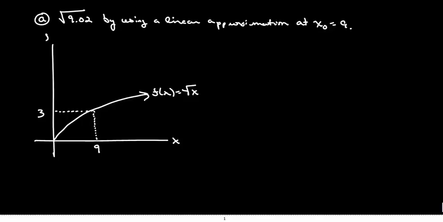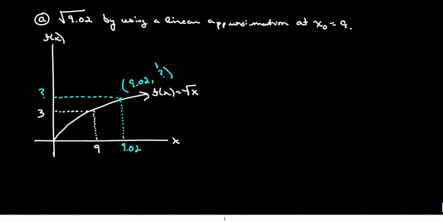Okay, pretty simple. Now what we need to do is get an approximation for this guy right here, which is 9.02. So what we want to know is, what is the height? What is the square root of 9.02? 9.02 comma what?